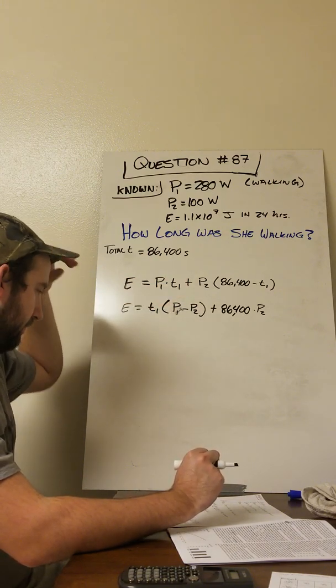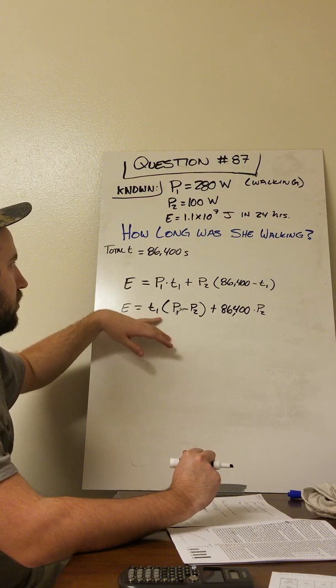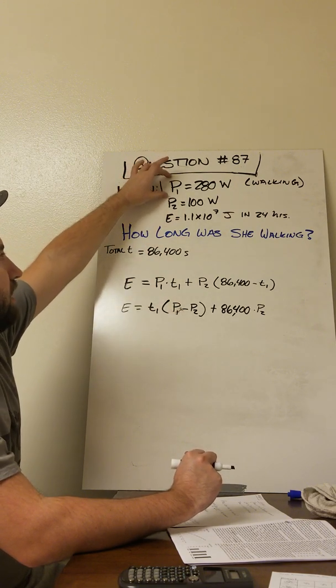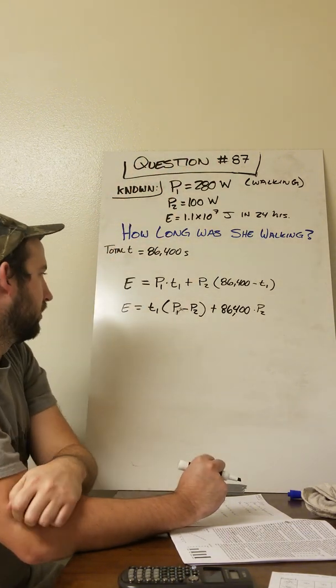But anyway, now we solve for time 1, because our time 1 is the time that's involved with the student when they're walking.